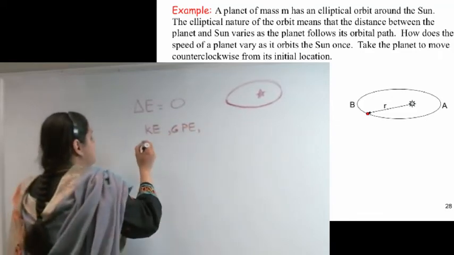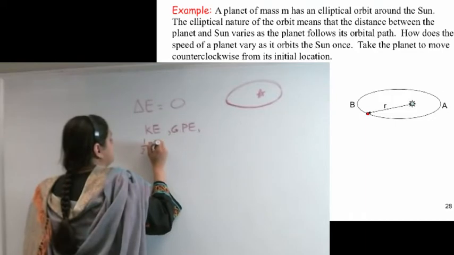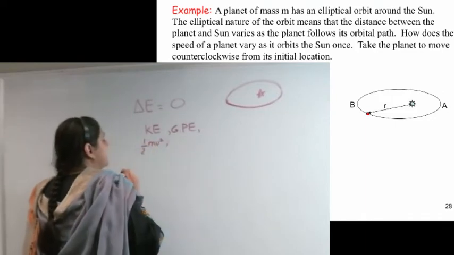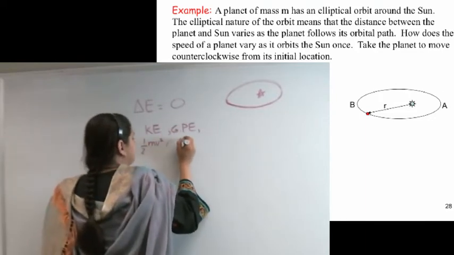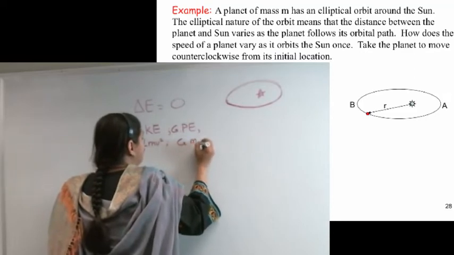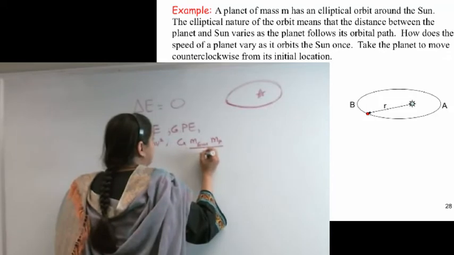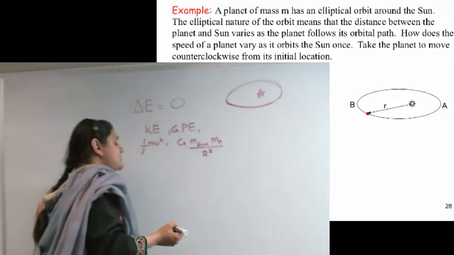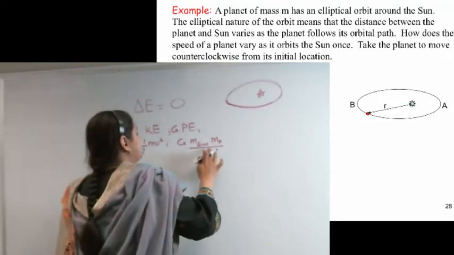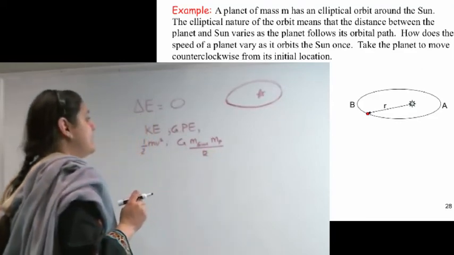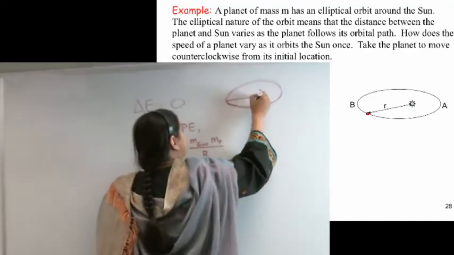So that means my kinetic energy for this object is going to be 1/2 mv squared, and my gravitational potential energy will be G, m of the sun, m of the planet, divided by r, which is the distance between the planet and the sun.